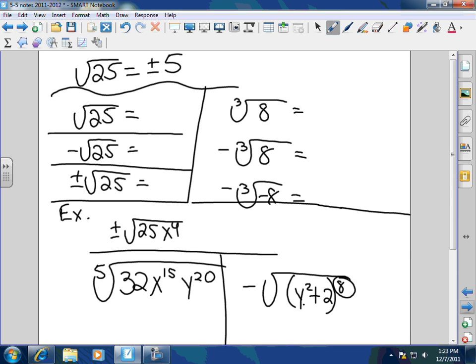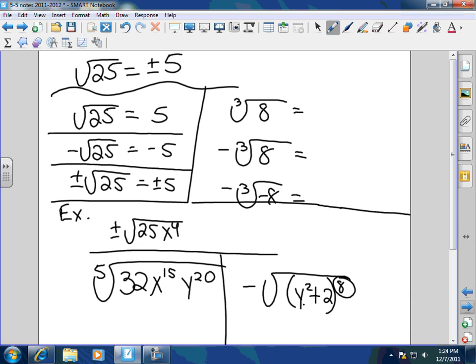If they just give you a square root of 25 with no sign in front, that's assuming technically that they want the positive root, that'd be 5. The negative square root of 25, they want the negative root, which would be negative 5. If they tell you to find the plus or minus square root of 25, it will be plus or minus 5.